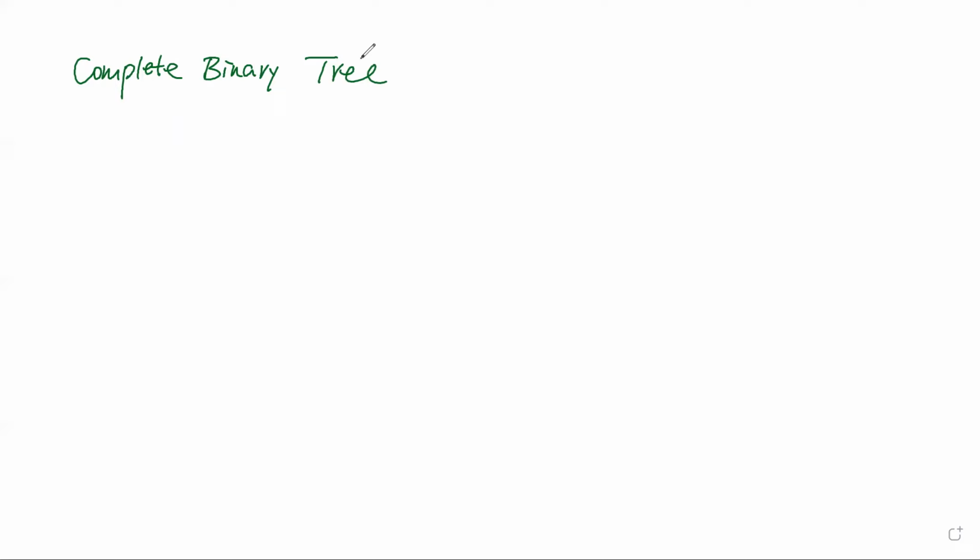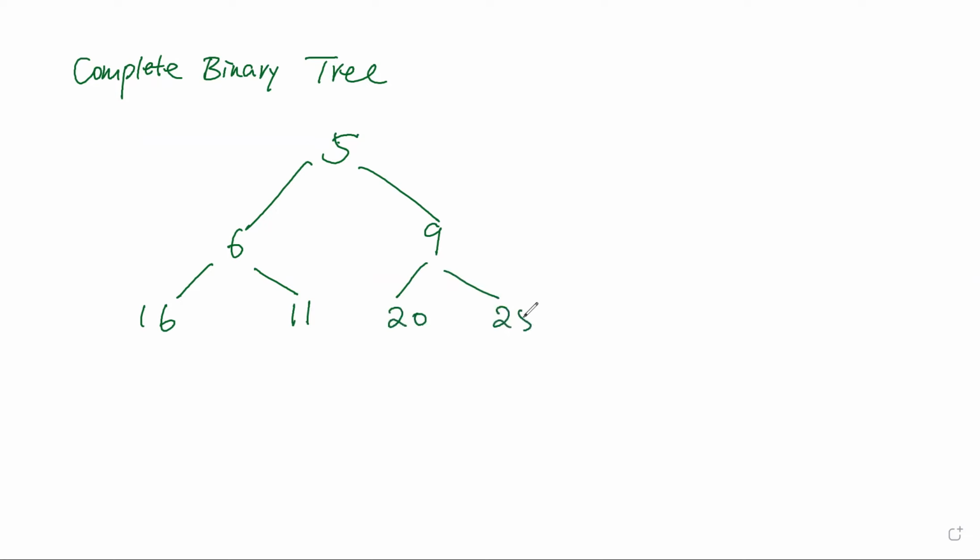And then next, let's take a look at some features regarding the complete binary tree. I'm going to draw the tree again. So 5, and then 6 and 9, then I have 16, 11, and then 20 and 25. So this is our complete binary tree. Then here we are going to have an array.